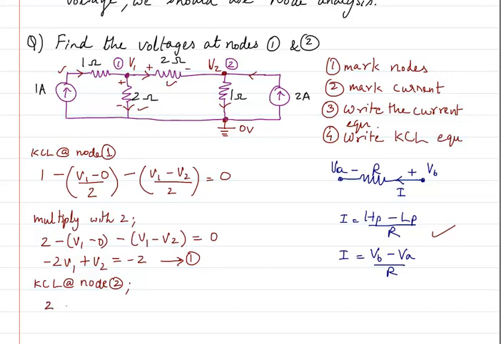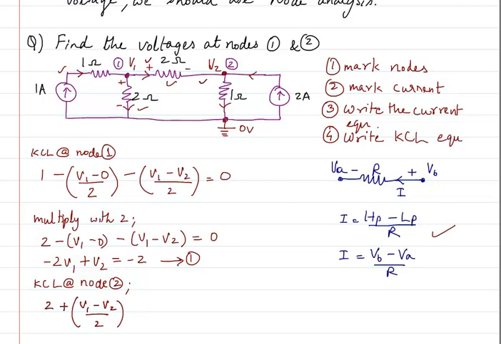Then again the second one is incoming. Which branch? This branch, it is incoming, so this is positive, this is negative. Higher potential is going to be plus, because the current direction is like this. So it is V1 minus V2 divided by 2 ohms.